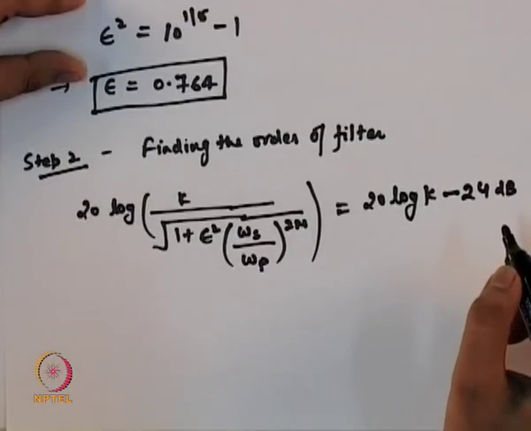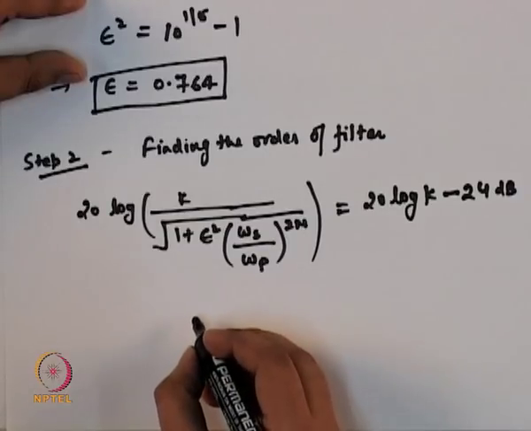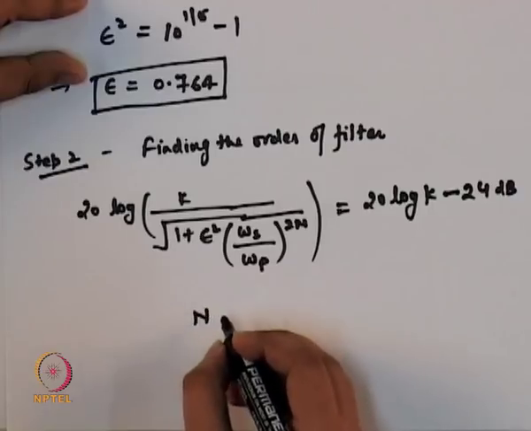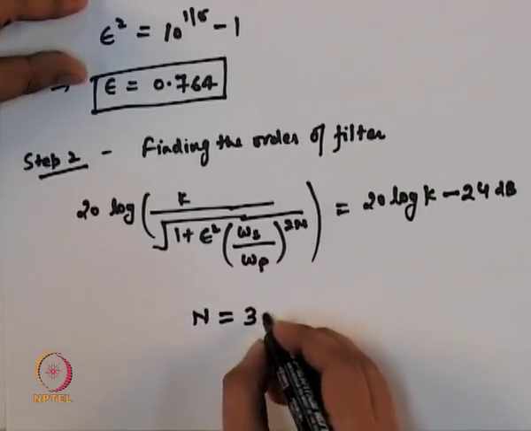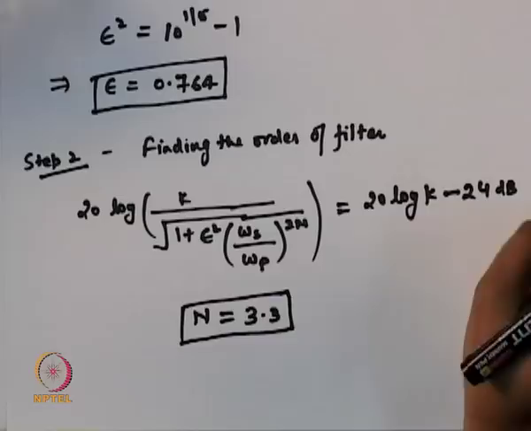After calculating this and arranging the terms, we will find that the value of n would be 3.3. As we know the order of filter cannot be a fractional value, it should be an integer, either 3 or 4. Since the minimum requirement is 3.3, we need to over design the filter. So I am choosing the order of filter as 4.